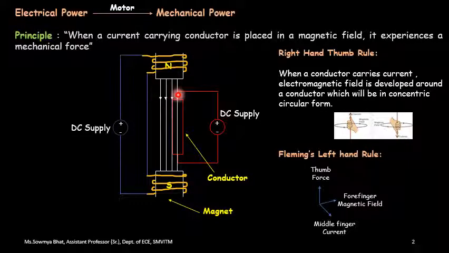Whenever the flux is not exactly parallel, there will be distortion, and so there will be distortions in the lines of force. Whenever there is a distortion in the lines of force, there will be some kind of pressure in this magnetic field, or a force will be experienced by this current carrying conductor.